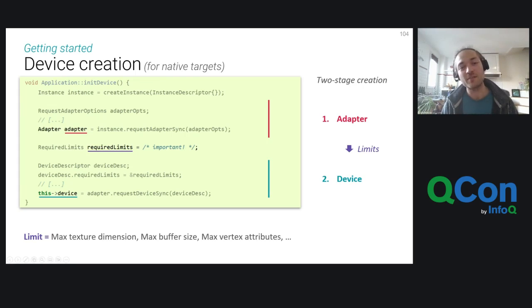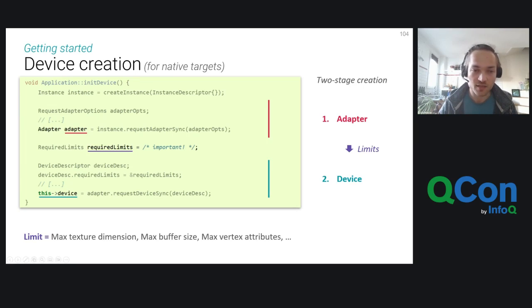The device creation is split into two parts. One is the creation of the adapter, and then the creation of the device. The adapter is not really a creation. We get the adapter, which is the information about the context. From this, we can know what are the hard limits and the capabilities of the device, and from this we can set up the virtual limits of the device object that we're using to abstract the adapter.